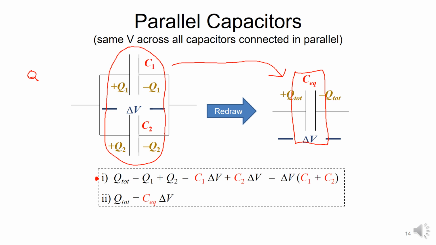From the capacitor equation, we know that Q1 equals C1 delta V, and we know that Q2 equals C2 delta V. These are equations that we have seen earlier, and we're going to plug them into the Q1 and Q2 that we have below.